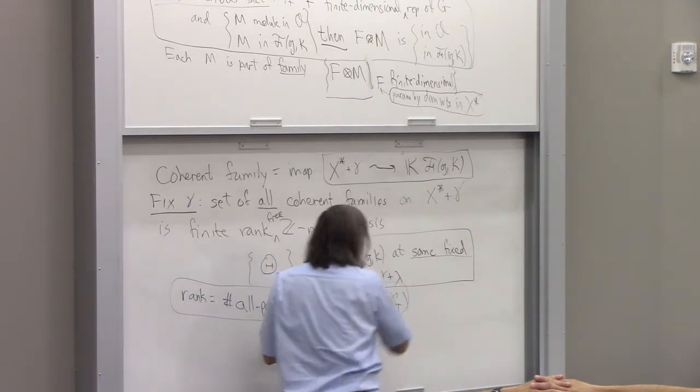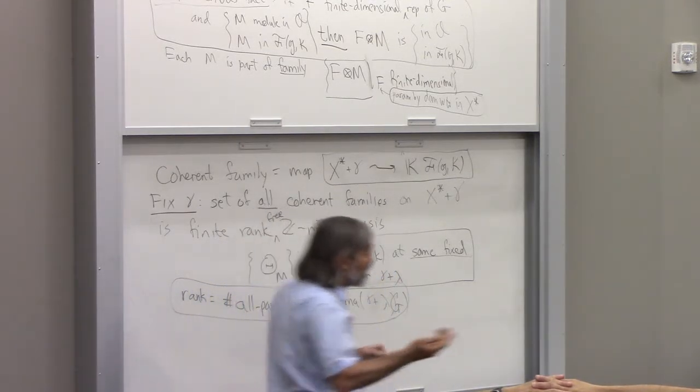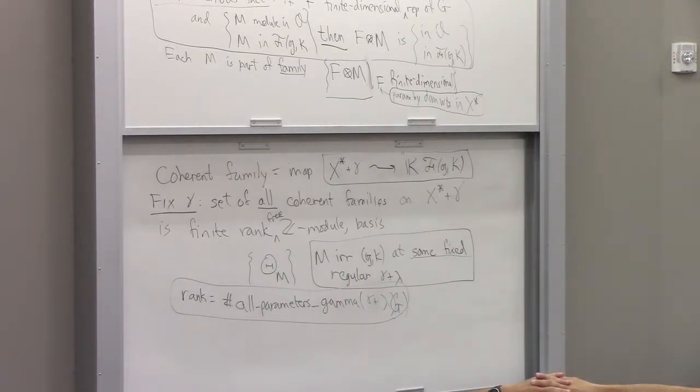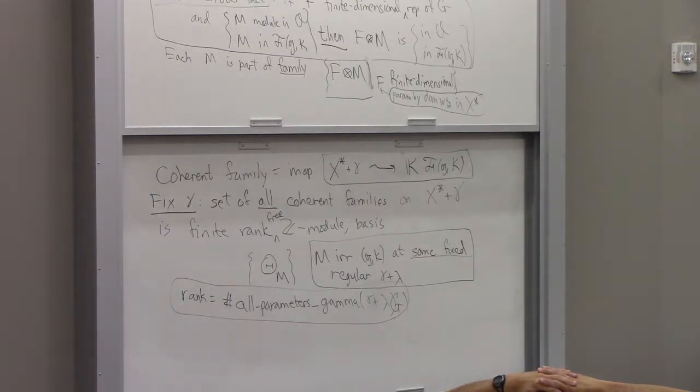I fixed gamma, but if I'm talking, for example, about a compact group, and I fixed gamma equals 0, there's no representations there. So I wouldn't see anything if I only talked about modules at 0. I need to move to some regular place in order to be sure of seeing everything.